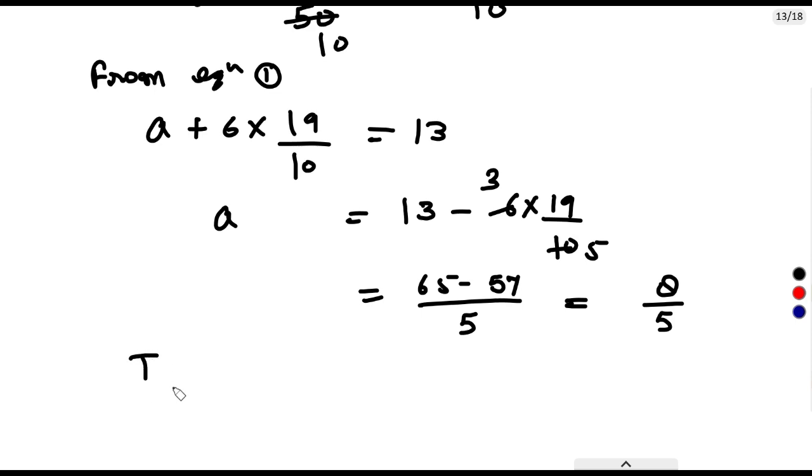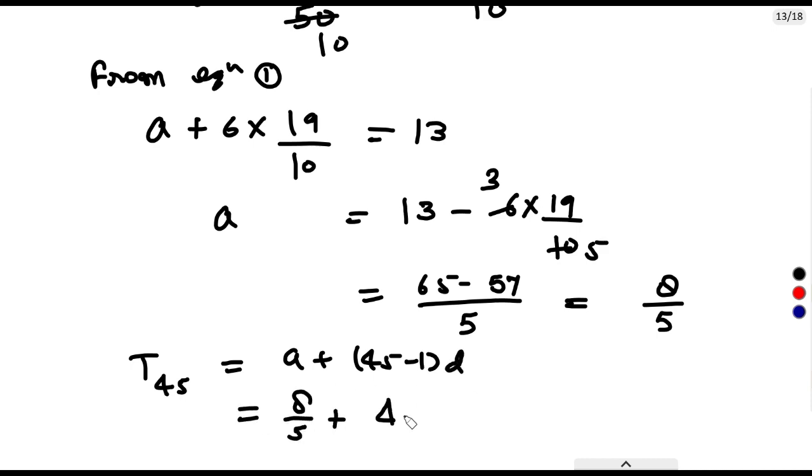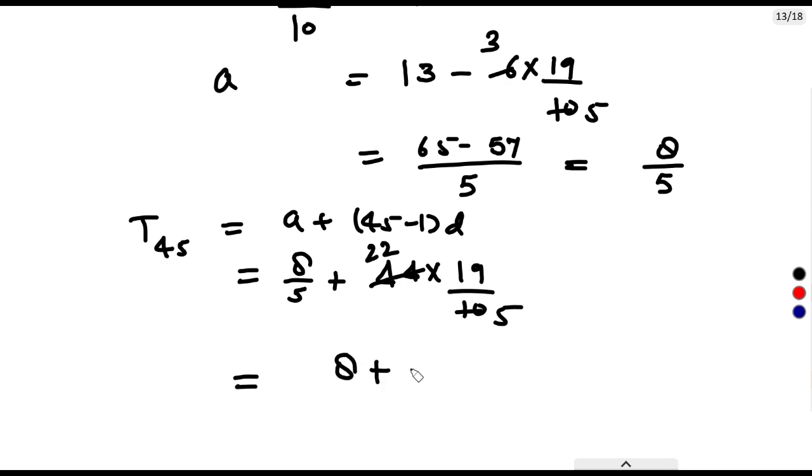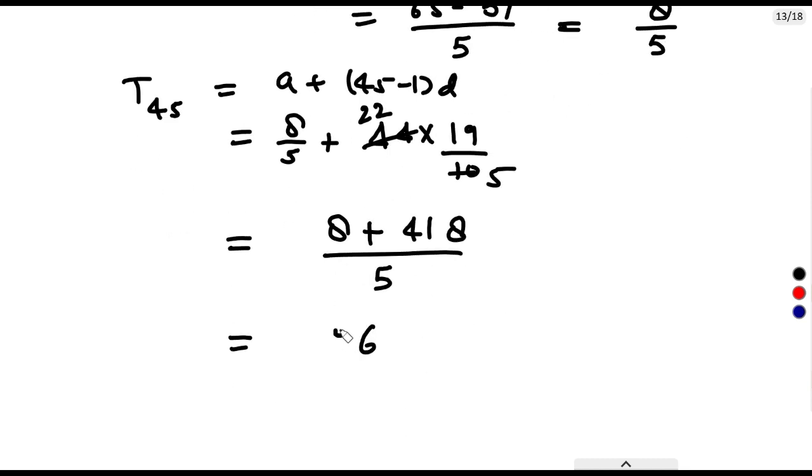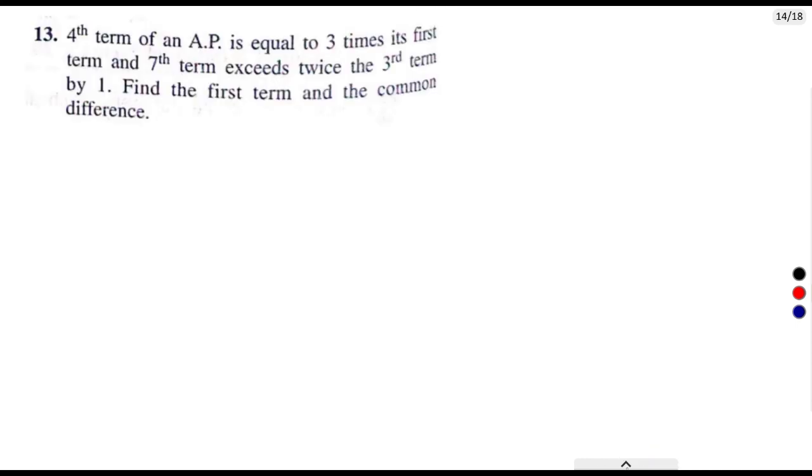So 45th term will be equal to A plus 45 minus 1 into D. A is 8 by 5 and D is 19 by 10. 85.2.